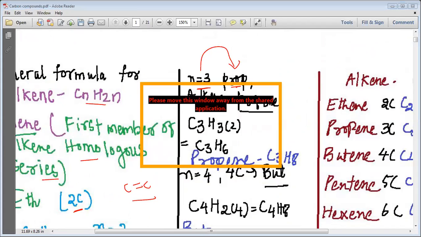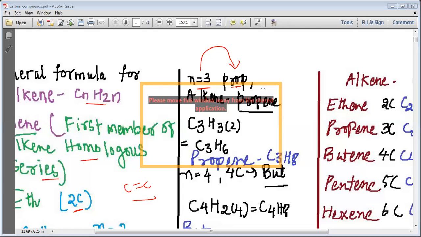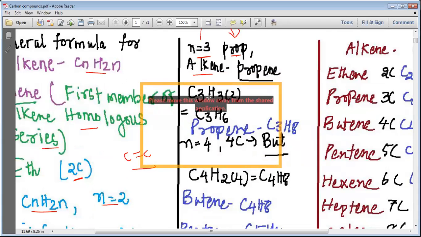When we have alkene, we will call it propene. When n is equal to 3, the general formula is CnH2n, so it is C3H3 into 2, which gives us C3H6. And that is why, my dear students, propene is C3H6. This is how you can understand.